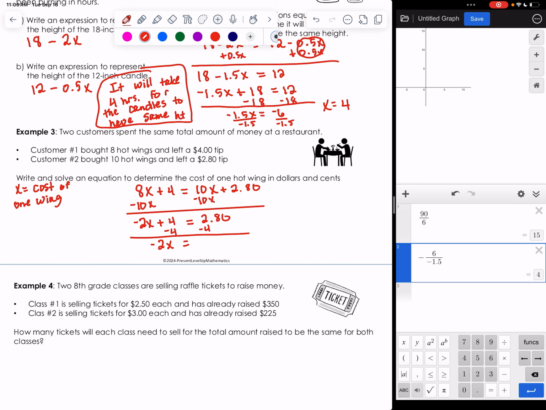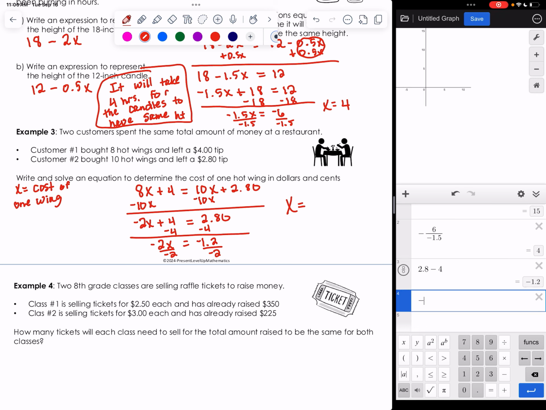And we can put this in our calculator. 2.8 minus 4 is negative 1.2. Then divide both sides by negative 2. So negative 1.2 divided by negative 2 gives me 0.6.